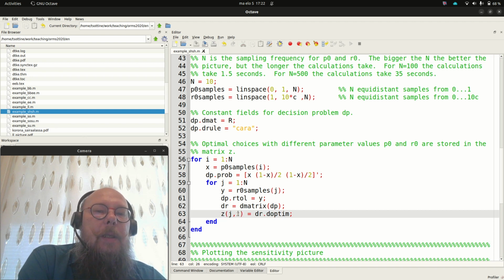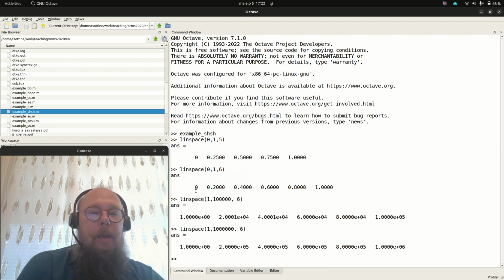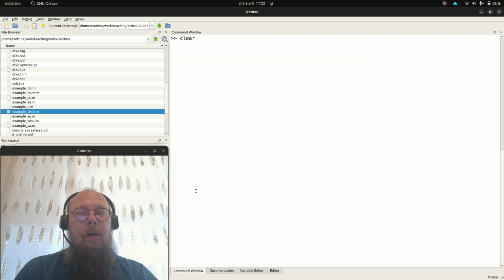So now the Z contains the optimal decisions for this decision problem when x and y, that are P0 and R0, change. And at this point I have 10 as the number of samples.